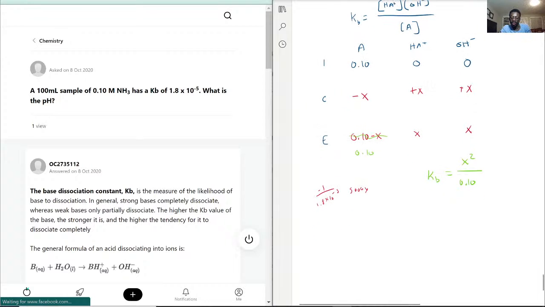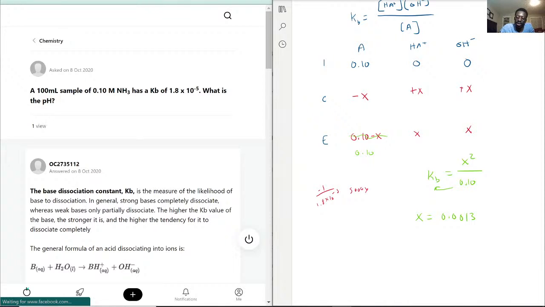After solving everything, you get x is equal to 0.0013. So yes, we were definitely right in saying that the amount was almost inconsequential. Subtract that from 0.1, and when you round it, you still get around 0.10.